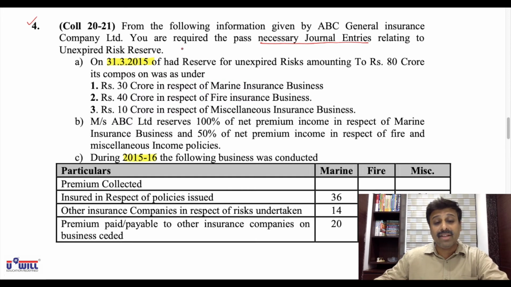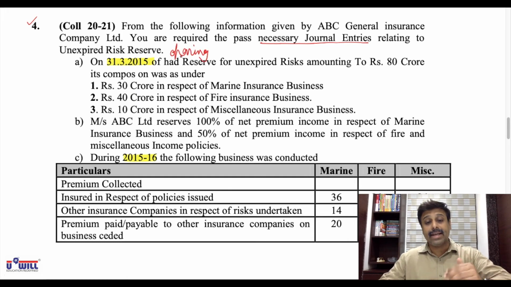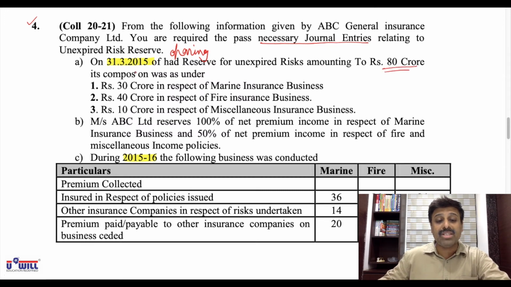So 31/3/15 means last year's closing and current year's opening. On 31/3/15, it had reserve for unexpired risk amounting to 80 crore and its composition was as under. Out of 80 crores, 30 crores was in respect of marine business, 40 crores was in respect of fire business, and 10 crore was in respect of miscellaneous business.